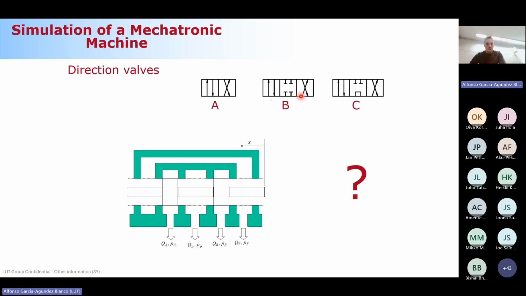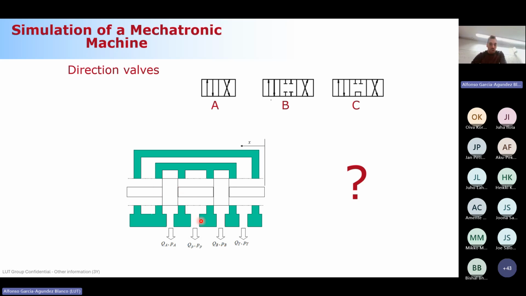This one, for example, could it be? So imagine that I move this spool to the left, okay? You agree with me that fluid coming from the pump could go to A if I'm moving this to the left? Let's rethink it. We are moving this to the left, so I'm creating a space here.